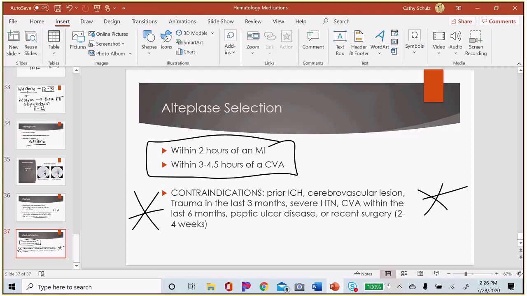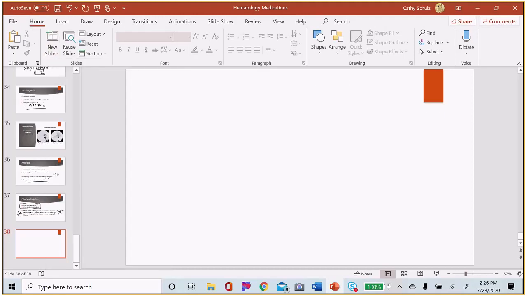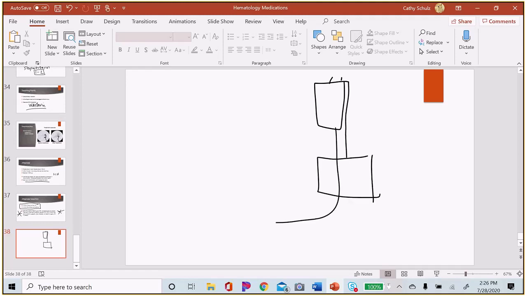So the heparin will be hanging, and it'll be running through an IV. It has to run through an IV because you don't want to give too much or the person could bleed. And this is at the port closest to them.